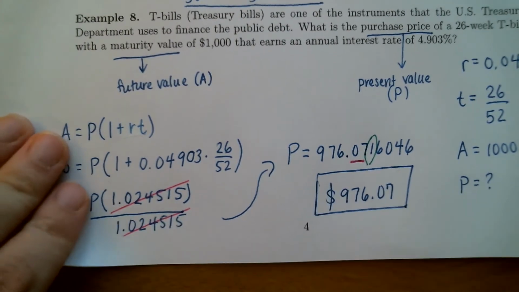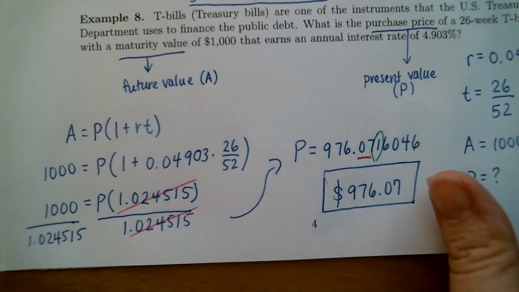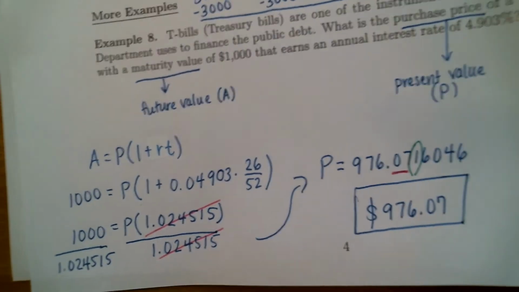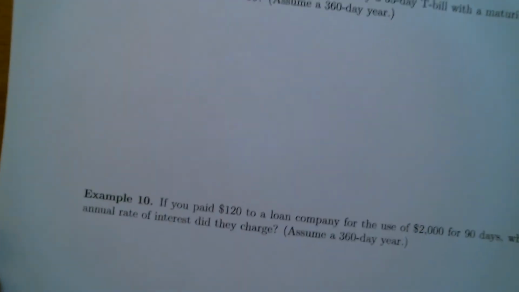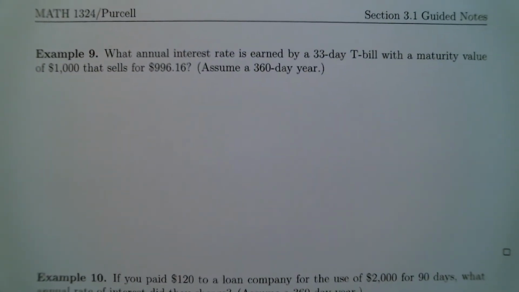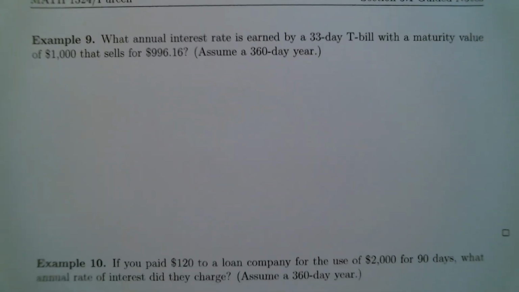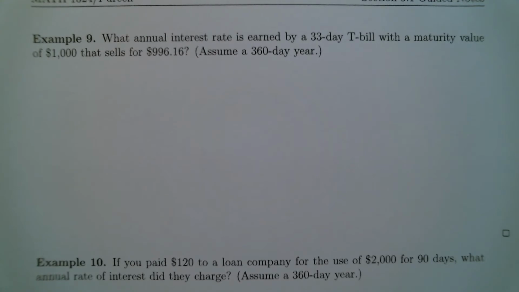All right, moving on to example 9. Here's example 9. It says, what annual interest rate is earned by a 33-day T-bill with a maturity value of $1,000 that sells for $996.16?